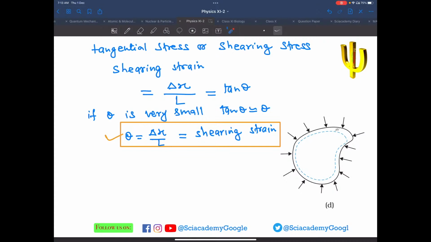This is known as hydraulic pressure or hydraulic stress.